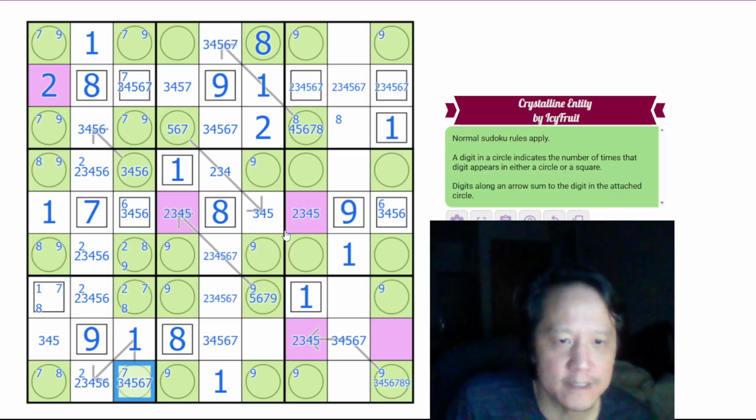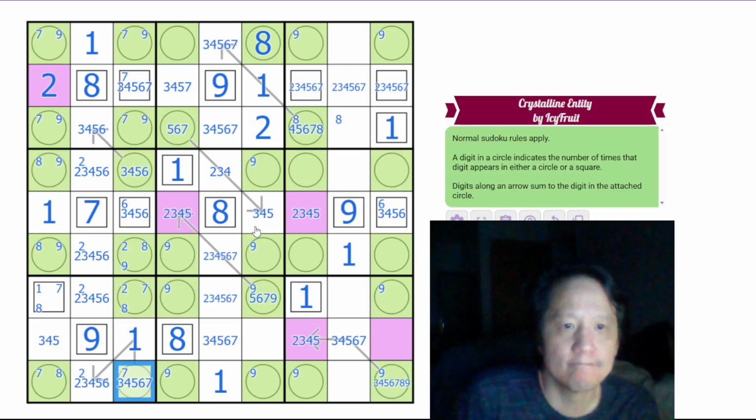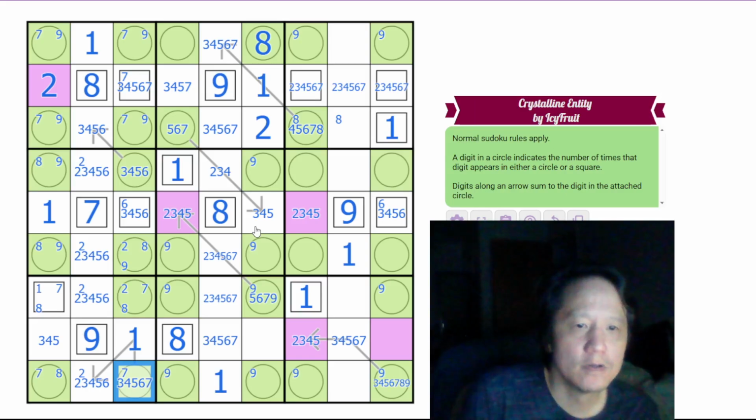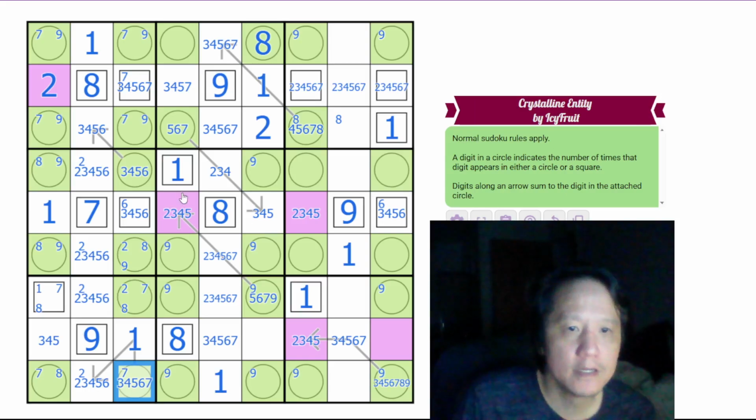Let's see. Right. In column 3, the 2 has to be one of these 2 digits here. So it's definitely in a circle. One of these 2 digits must be a 2.